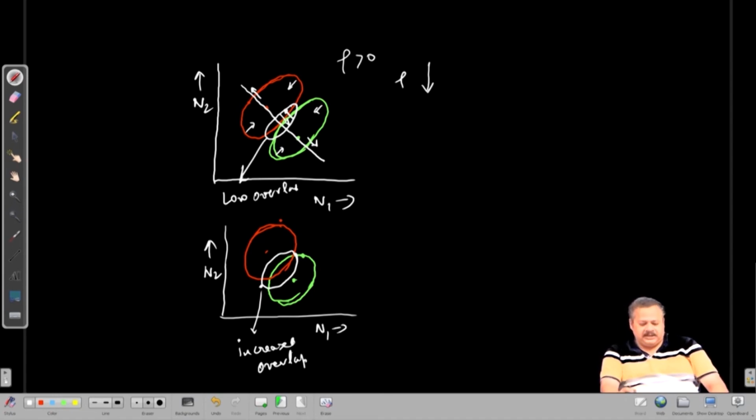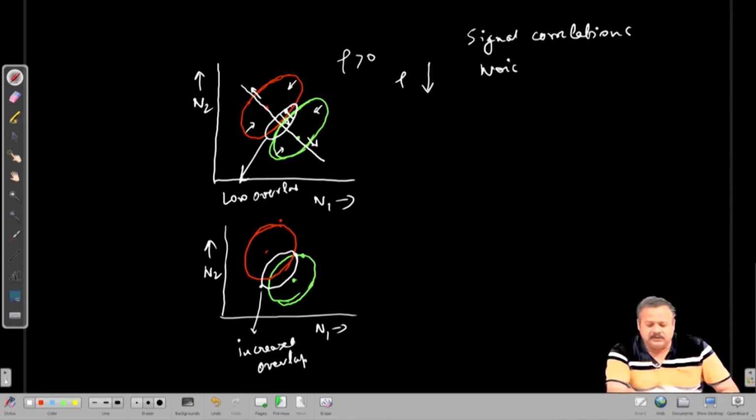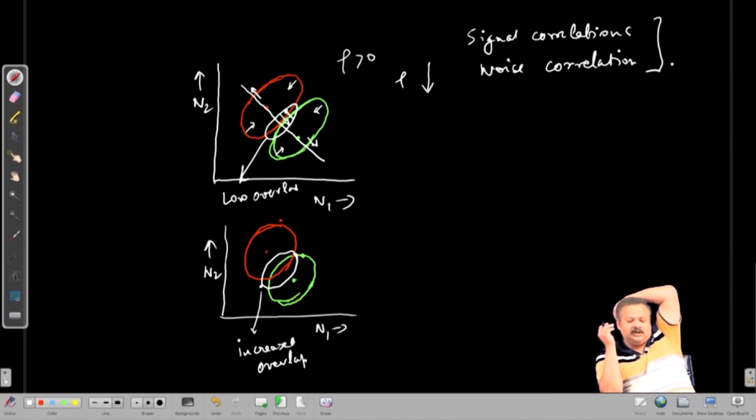So now you can imagine, depending on how the signal correlations and noise correlations are, their combination can play a significant role in terms of decodability of responses, or finding out what stimulus was being played based on the responses.